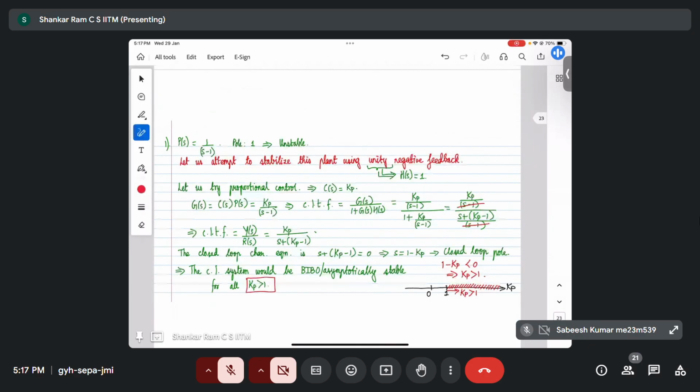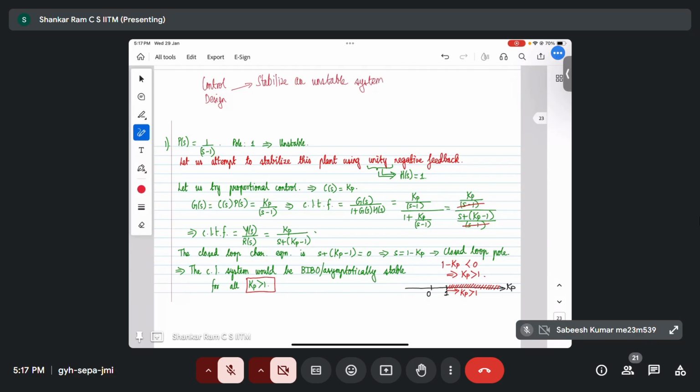Let's look at this set of examples so that we figure out how to do this control design. From a very practical perspective, when do we need to do control design? This is a natural question. We want to stabilize an unstable system: we are given an unstable system and we design a controller to stabilize it.